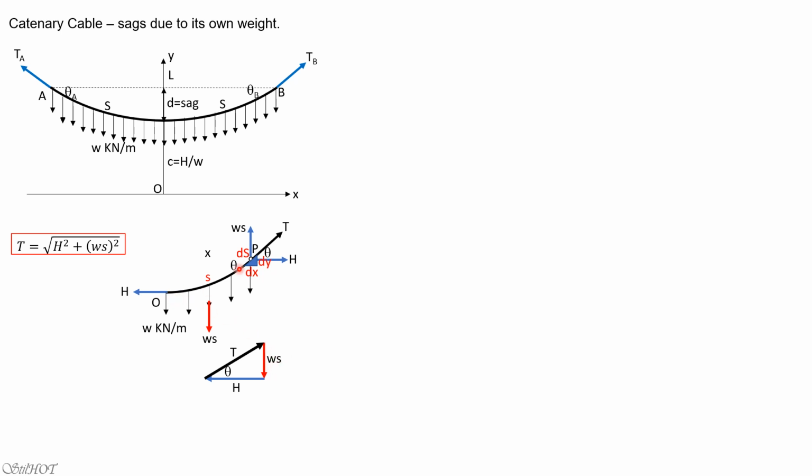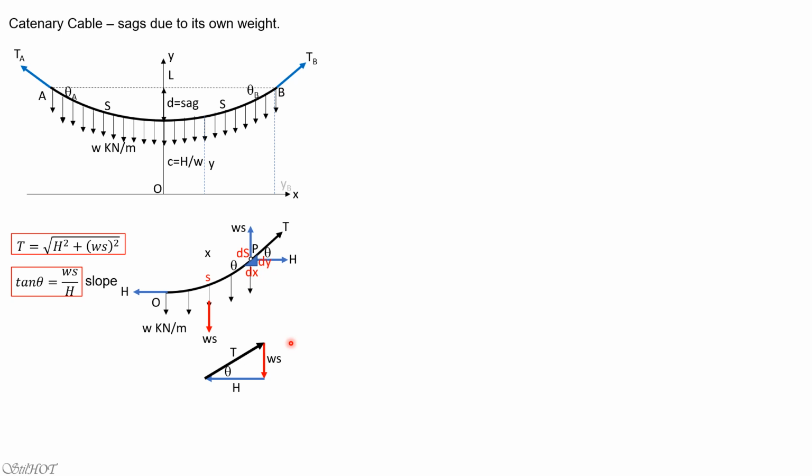This time, it's Ws, the vertical component of tension from the lowest point to any point. So replacing H by Wc, because capital H is Wc from the figure. Tangent theta, by the way, is Ws over H. And replacing H by Wc, that's the slope at any point.